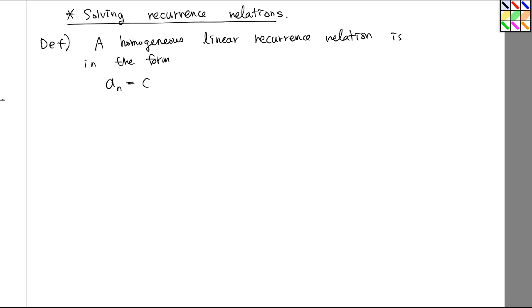If a recurrence relation is written in this way, it's called homogeneous and linear.